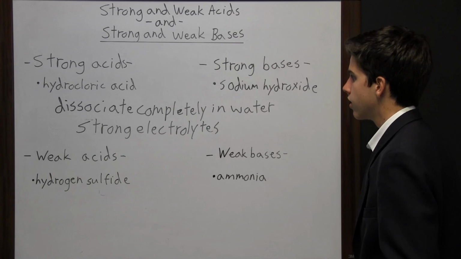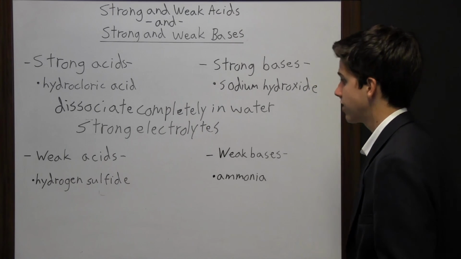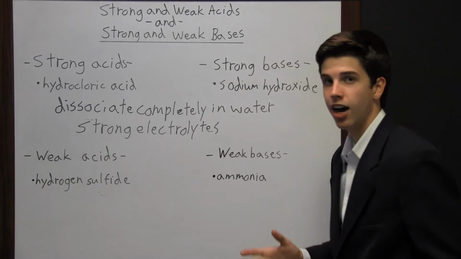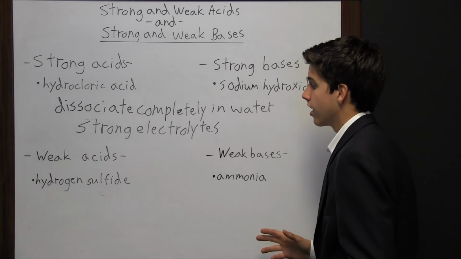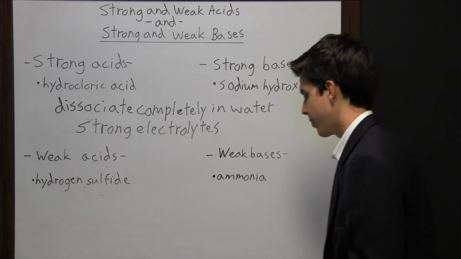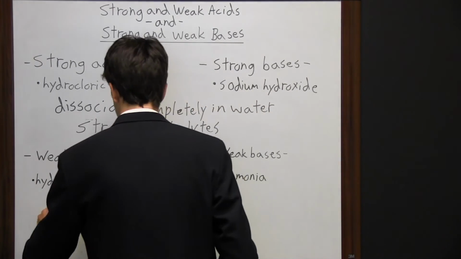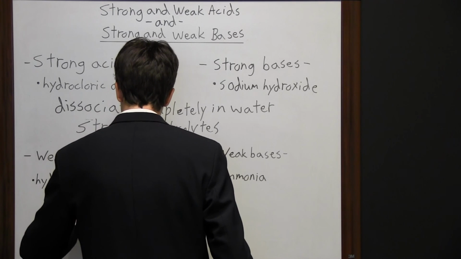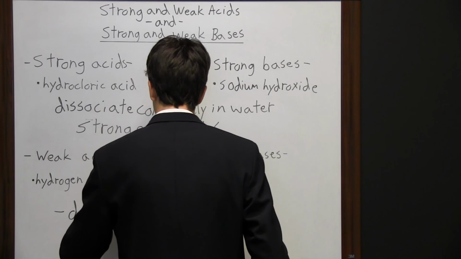hydroxide. Now, like strong acids and strong bases, weak acids and weak bases have their obvious differences, but they do have one thing in common, and that's that they do not dissociate completely in water.